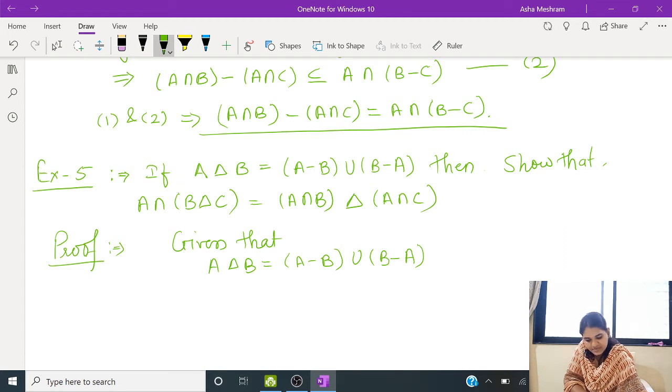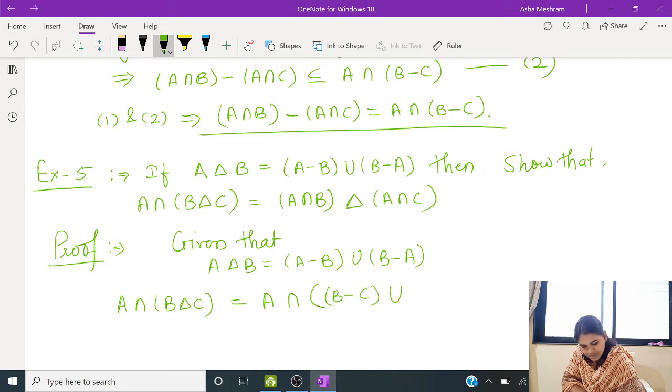A intersection B symmetric difference C is equal to A intersection B symmetric difference A intersection C. So we consider this side, A intersection B symmetric difference C. Instead of B symmetric difference C, we substitute what is meant by symmetric difference of B and C. So A as it is, intersection sign as it is, and instead of B symmetric difference C, I substitute B minus C union C minus B. We just have to replace A by B and B by C here.